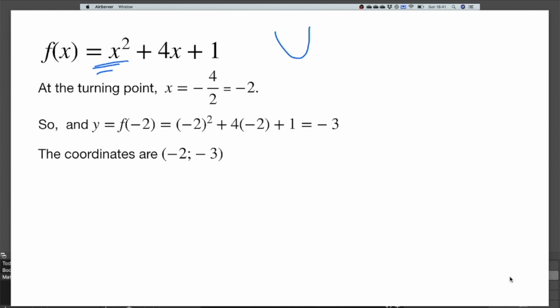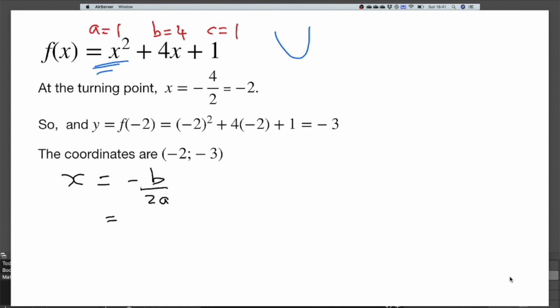The other thing that is important is to work out the turning point. Now we know that at the turning point, x must be equal to minus b over 2a. But in this example, a is equal to 1 and b is equal to 4 and c is equal to 1.